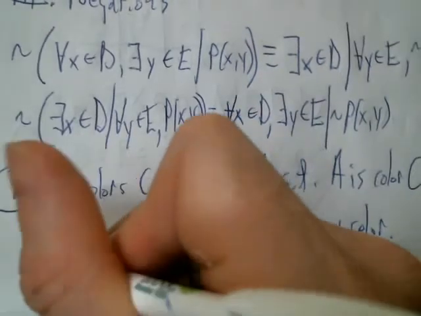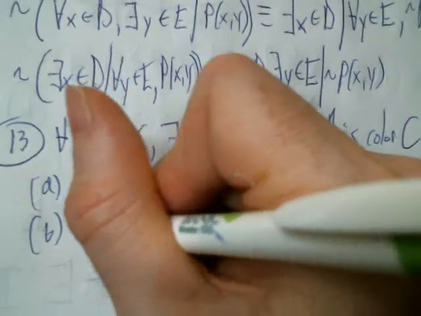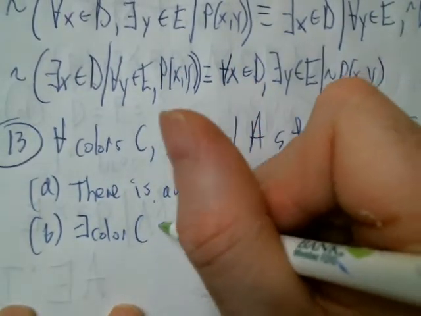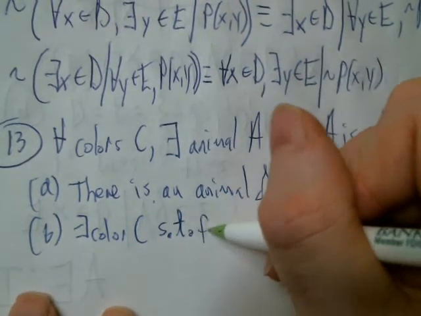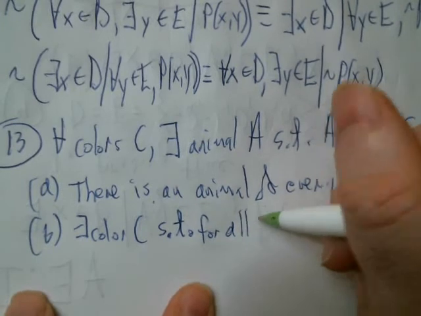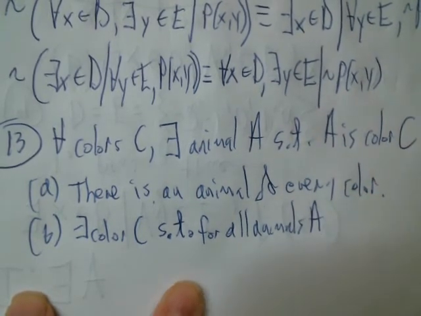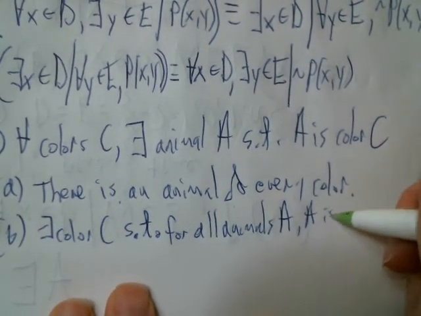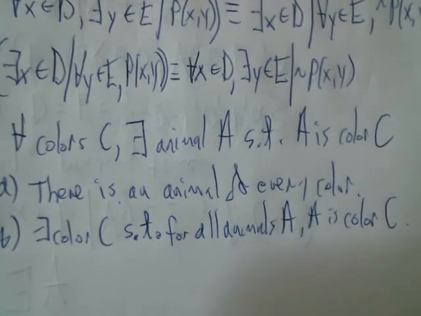Part B, they want you to negate it and then rewrite it informally. So there exists a color C such that for all animals A, A is color C. Okay, so informally, what does that mean?